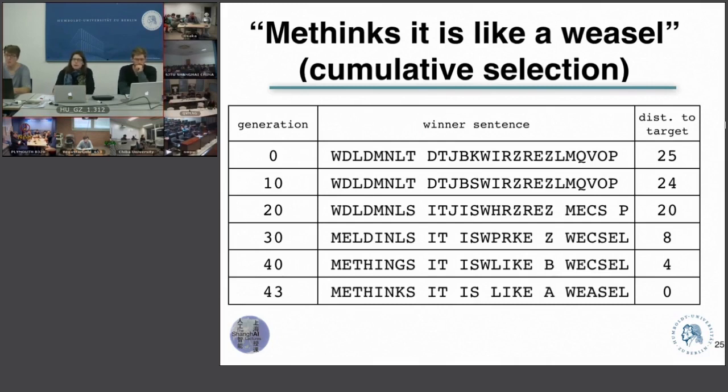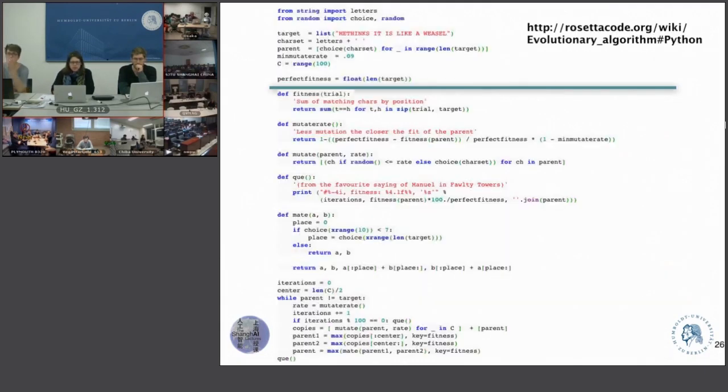And you can try it. There are many applets on the net. You can search for this particular program here. There are many implementations of that. If you have a look, for example, at Rosetta Code, you can find "Methinks it is like a weasel" in your favorite programming language. Here is one example in Python.